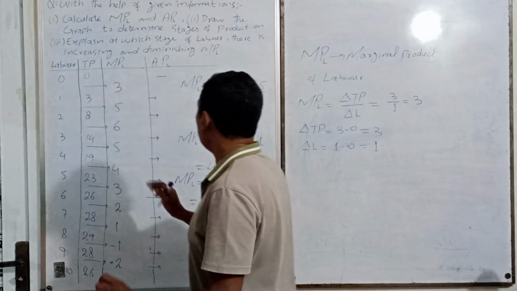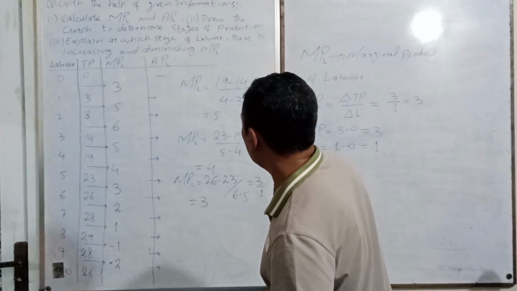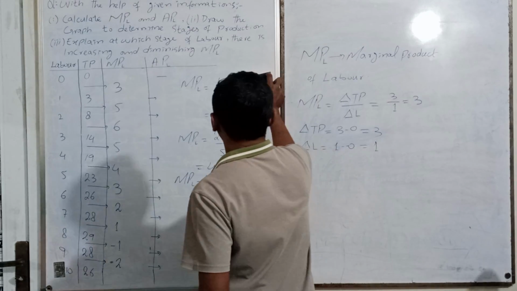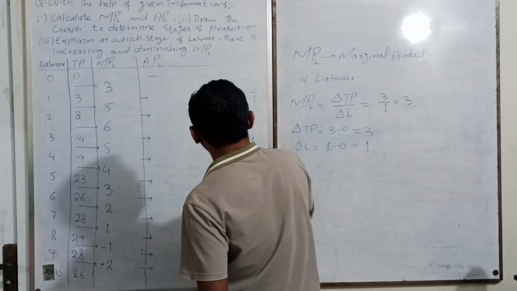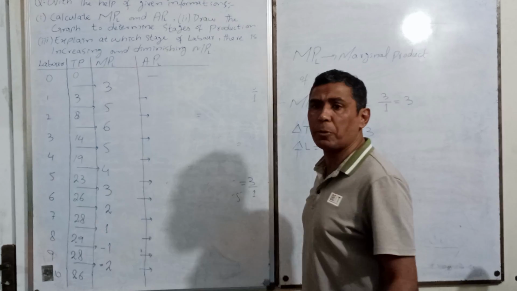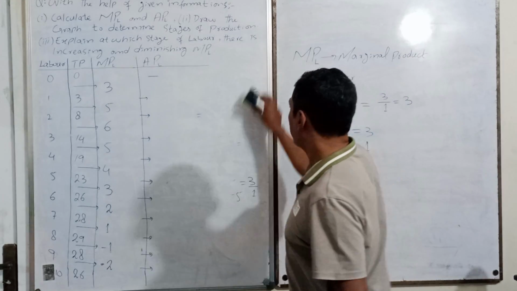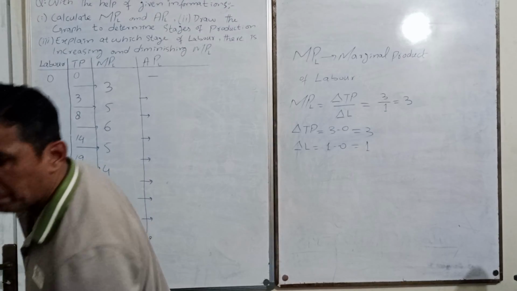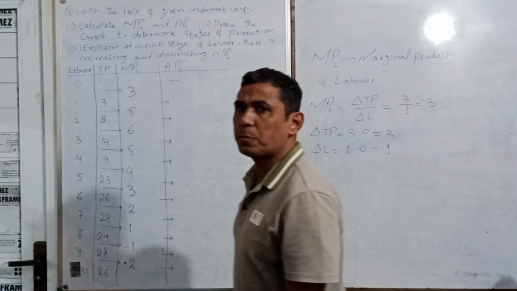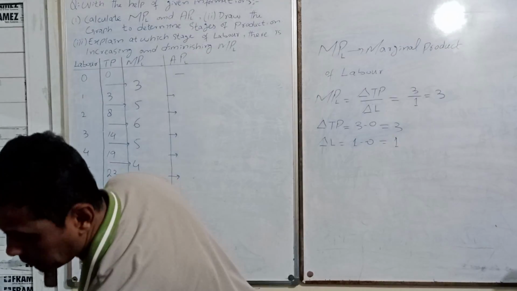Clear? So now we are calculating the next value here for APL. APL stands for average product of labor.